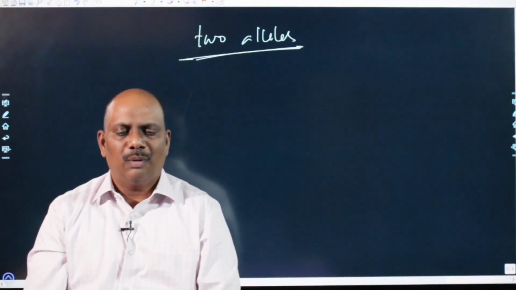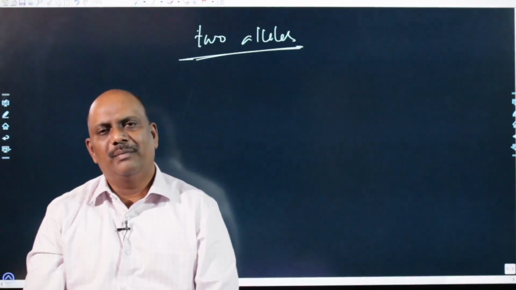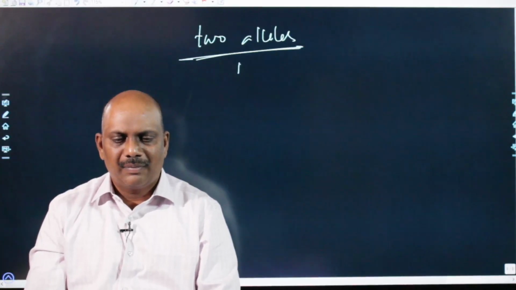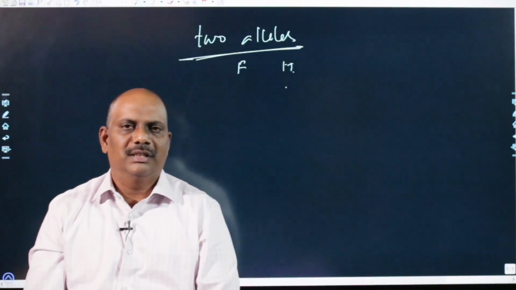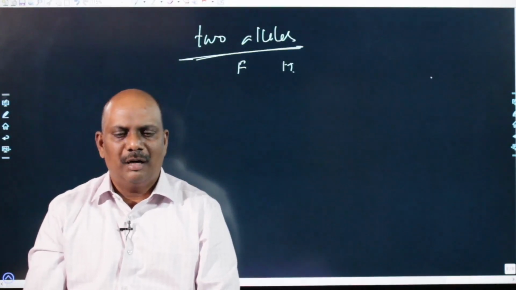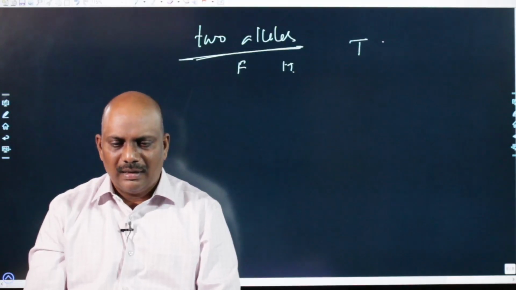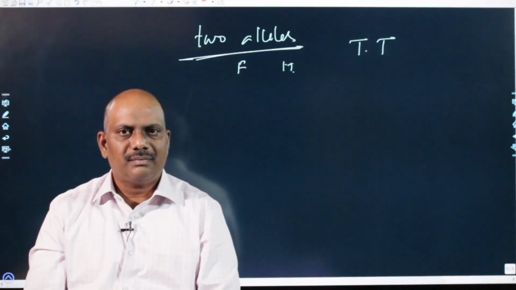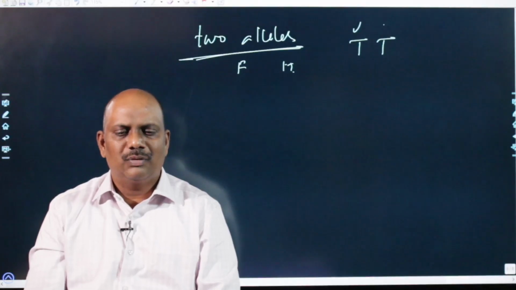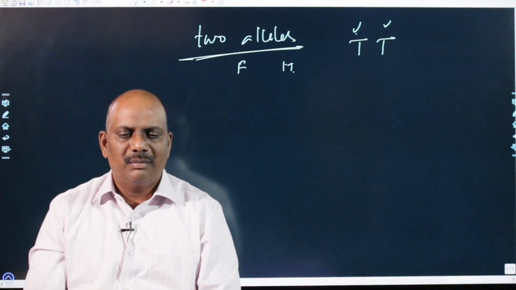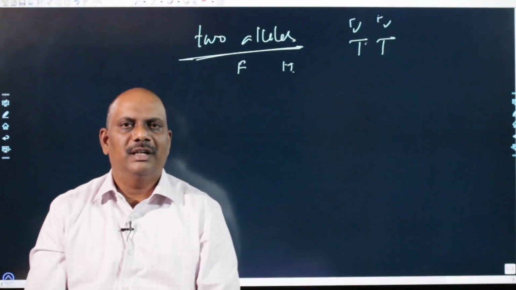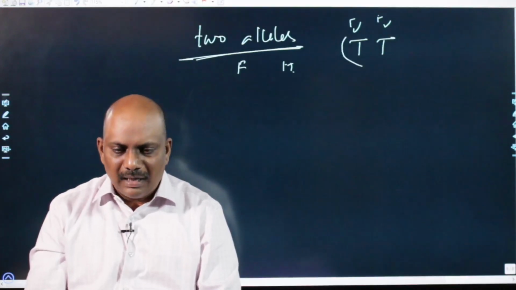He found that one allele comes from the father side, and one allele comes from the mother side. So if it is a tall plant, T, this is one allele, this is one allele. One comes from the father side, another comes from the mother side, and this makes one gene.